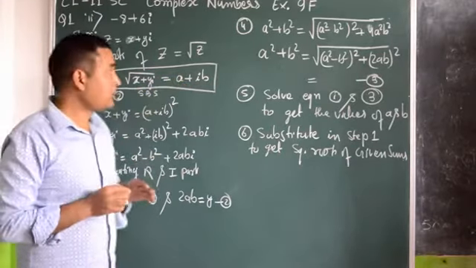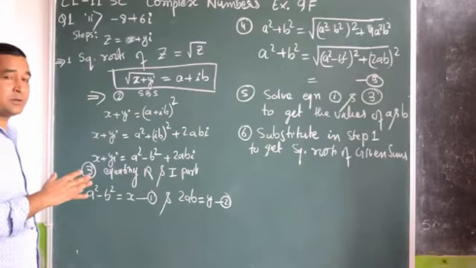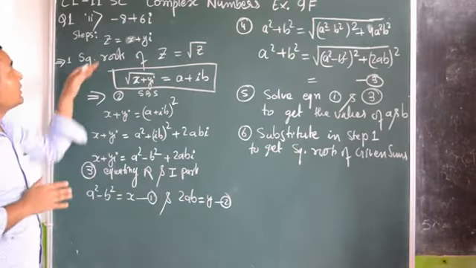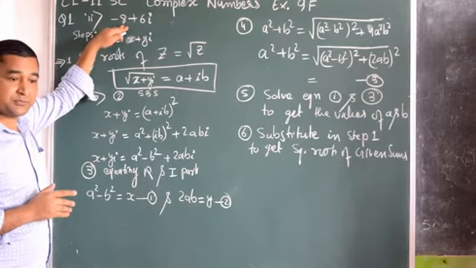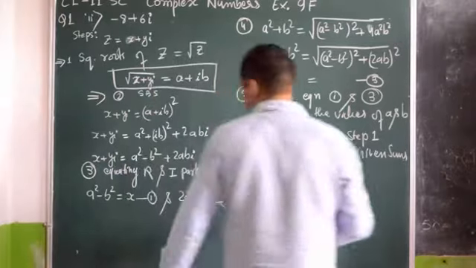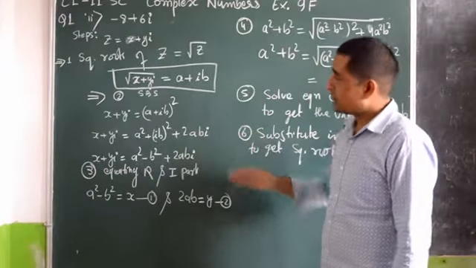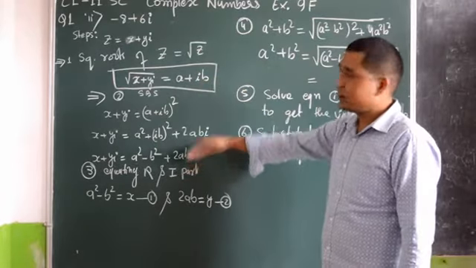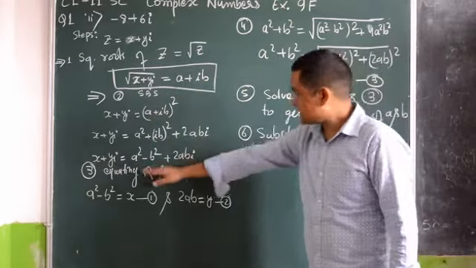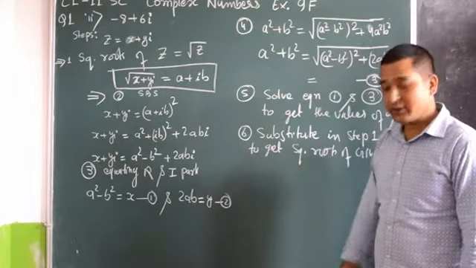Now we will follow the same method to get the square root of these expressions. Let me write this on the board. With this formula, I think you got the points: what to do in the first step, second step, third step, fourth step, fifth and sixth step to get the final answer.